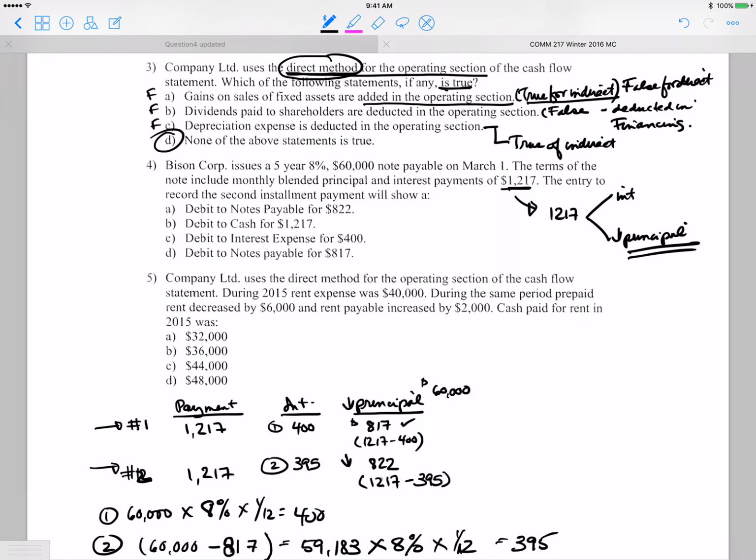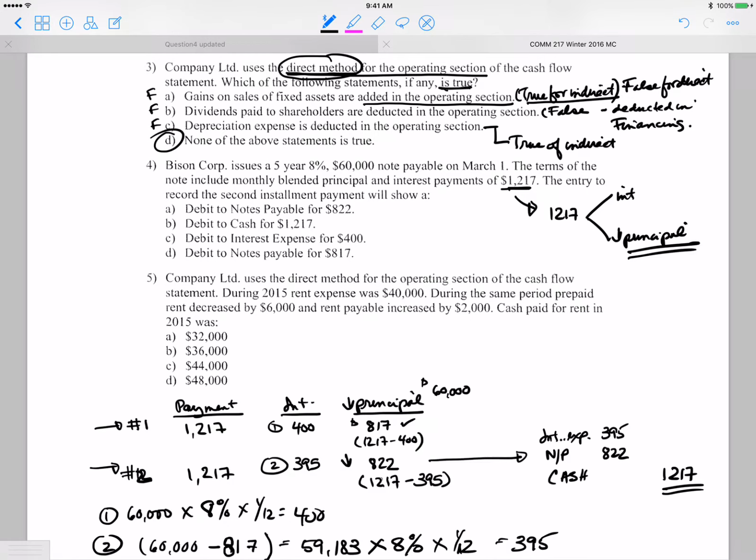So the answer to this: you're going to debit interest expense, this is the journal entry, $395. Note payable, $822. You're reducing your principal, and you're going to record the fact that you're paying your standard $1,217 in cash.